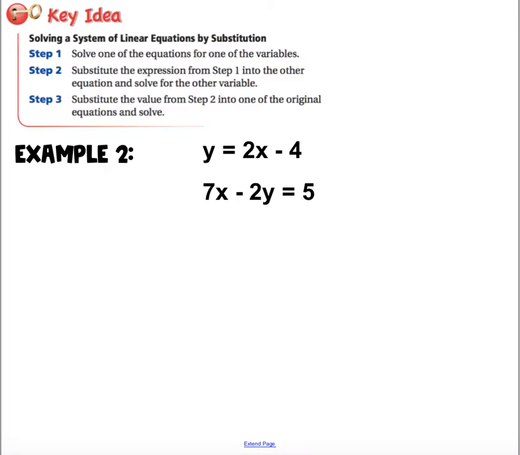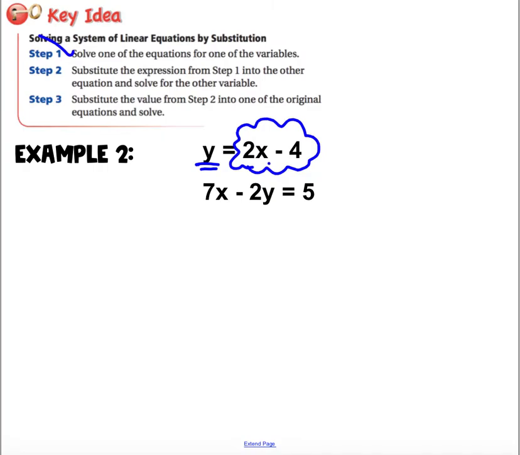Here's another example. Again, you're going to solve one of the equations for one of the variables, either x or y. This one's already solved for y, so we're good with step 1. Step 2, substitute the expression from step 1. So y is equal to 2x minus 4. That's what y equals.